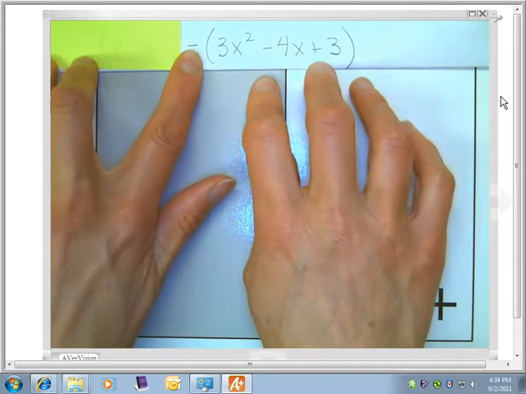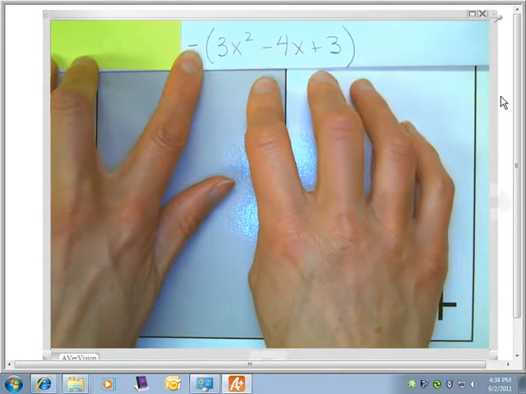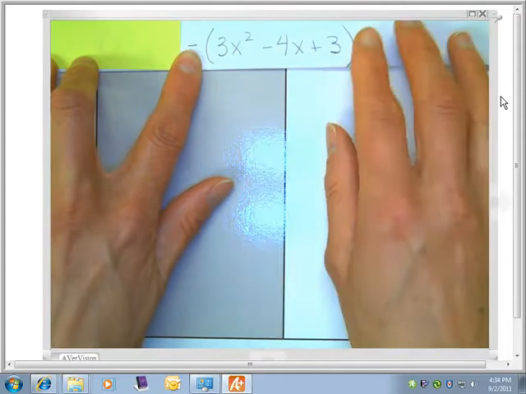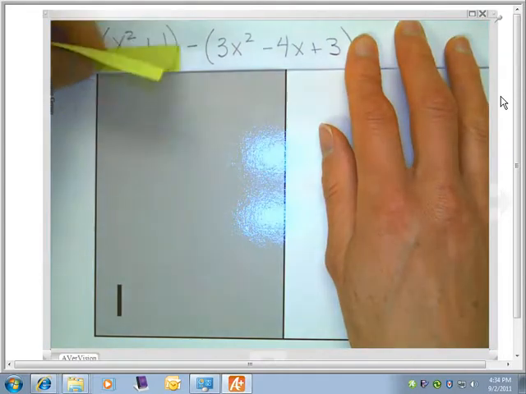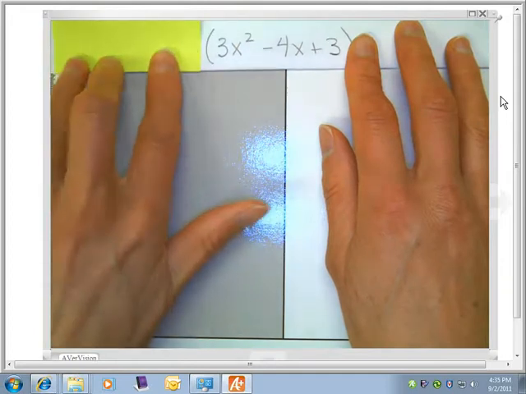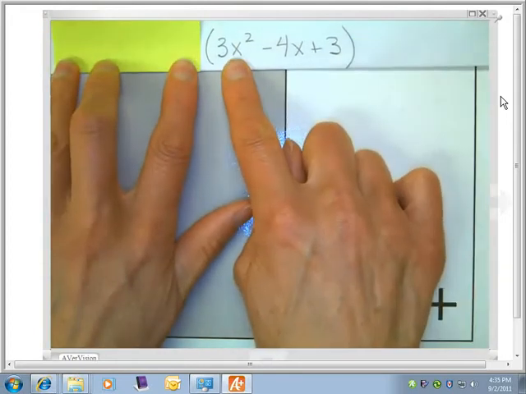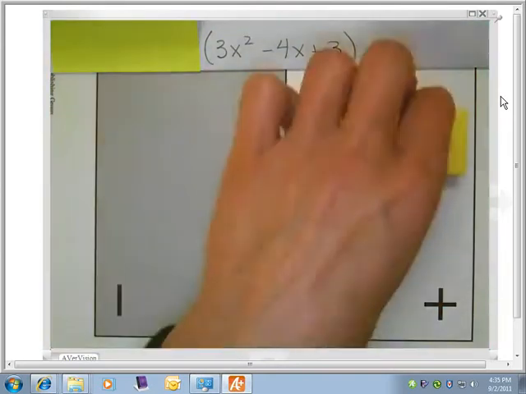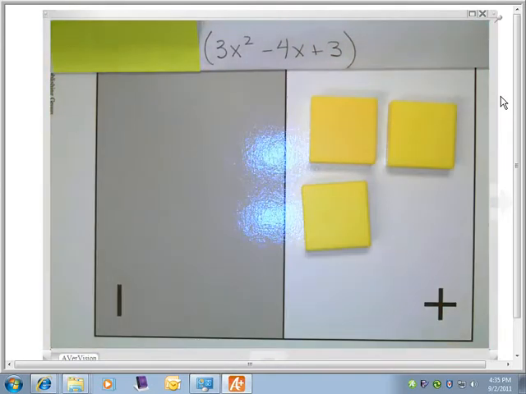So that negative means take the opposite of. So before we take the opposite of, let's just look at what's inside the parentheses. So I have 3x squared. There's 3x squared, and it's positive, so I put it over on the positive side.